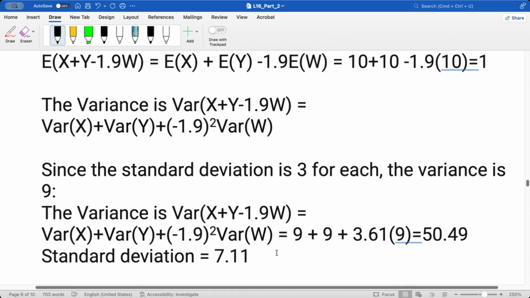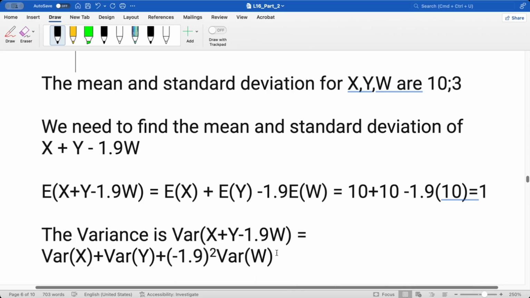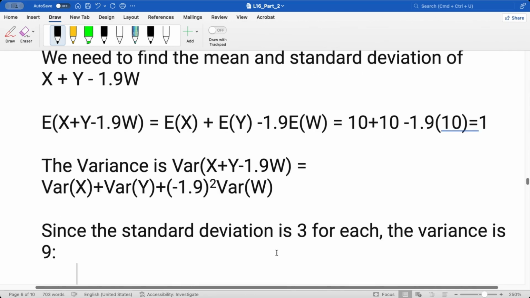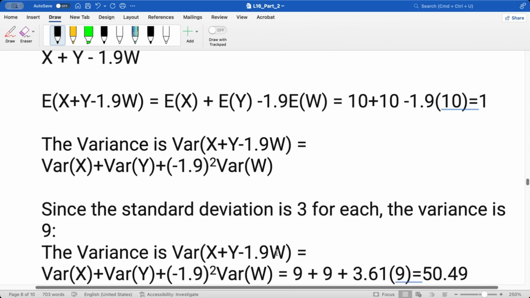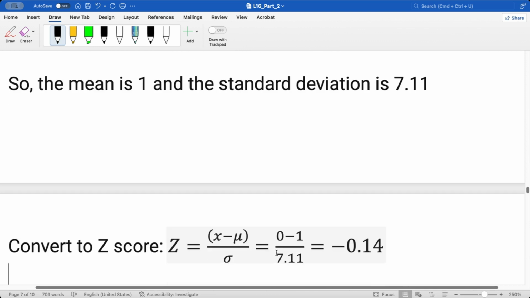And then the goal is to find the probability that this expression is greater than 0. So we have to convert this over to a z-score. So we're going to take that 0 and plug it into x minus mu over sigma. Let me just write that out here.